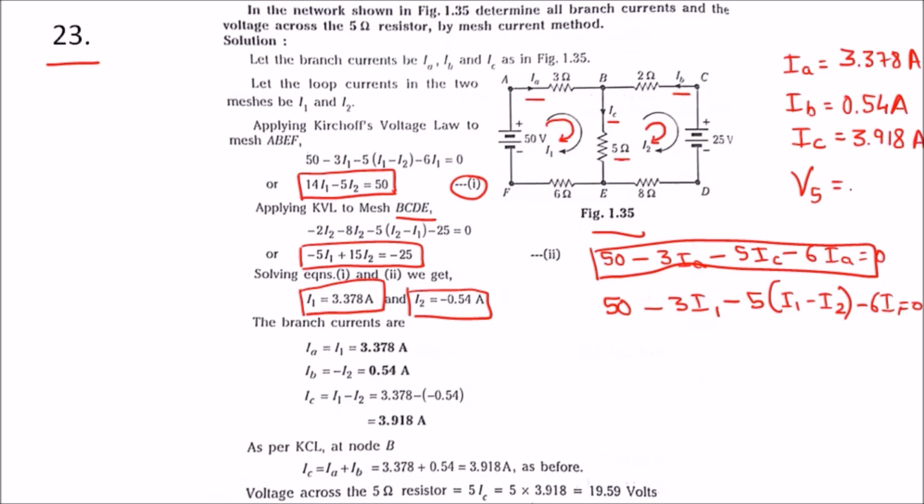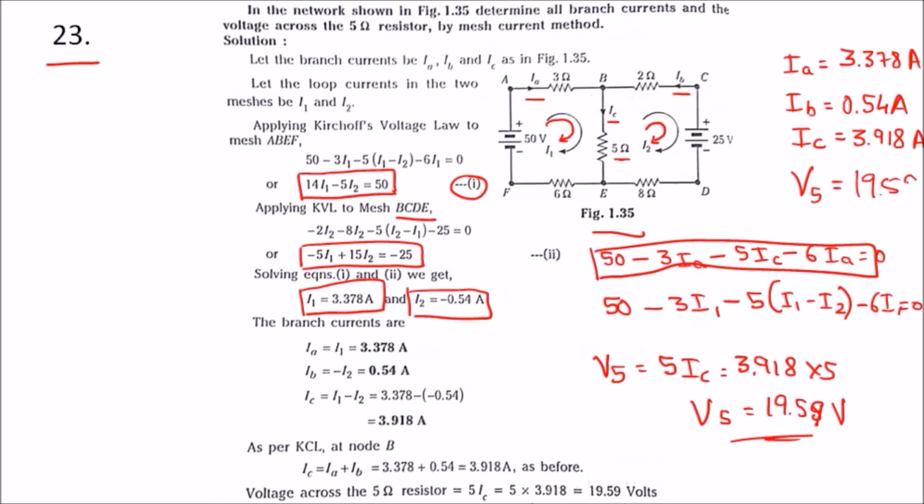Once we get IC, the voltage across the 5 ohm resistor is V5 equal to 5 into IC, that is 3.918 into 5. So V5 is equal to 19.59 volts. So we have found all the 4 values which are required.